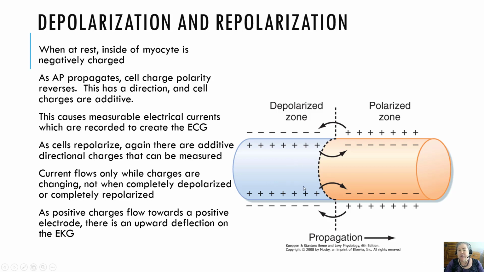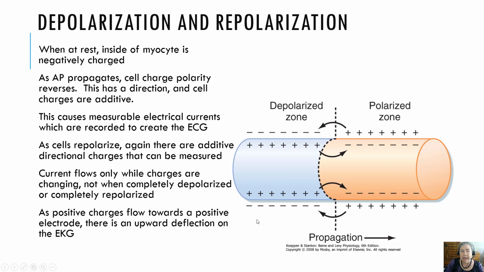And you're going to get this propagation along the myocyte with channels opening and creating a reversal in the charge polarity. Now, there's a direction in which the polarization is moving, right? There's a direction.